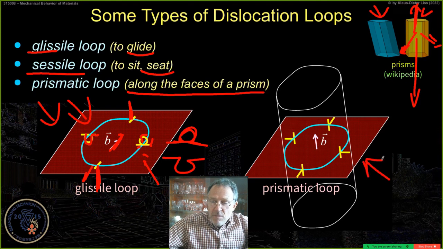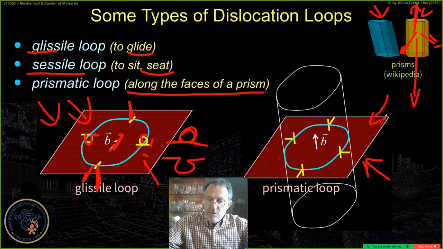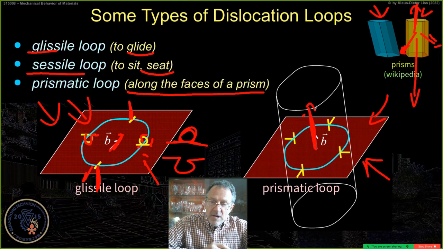The prismatic loop is schematically shown to the right. So we have the plane of the loop again, and the Burgers vector is now either perpendicular or at some crystallographic angle towards this plane of the loop.